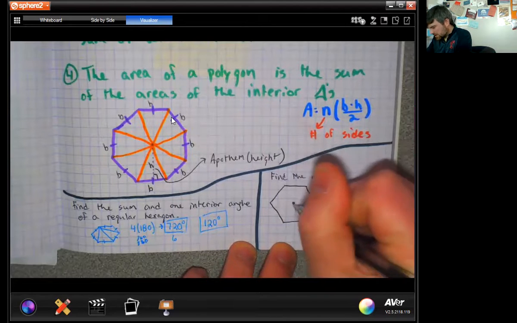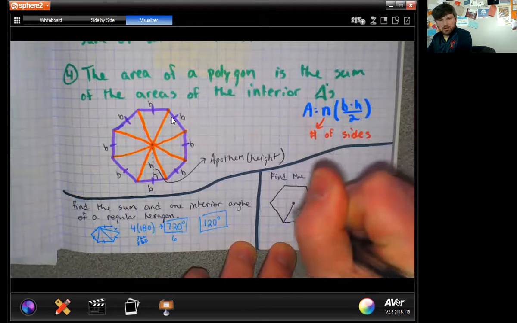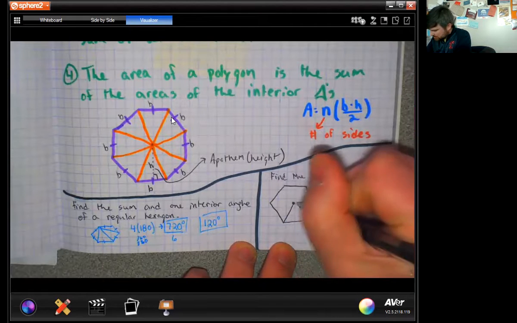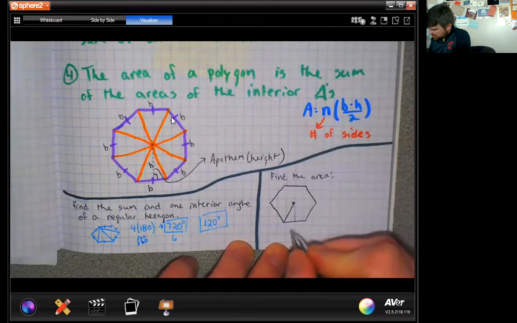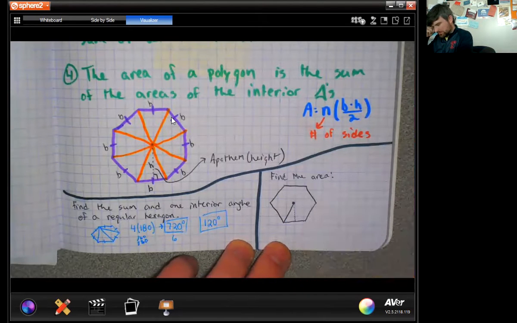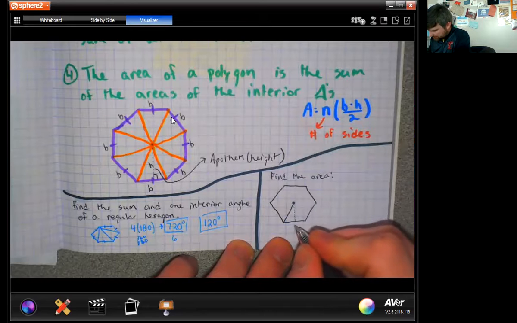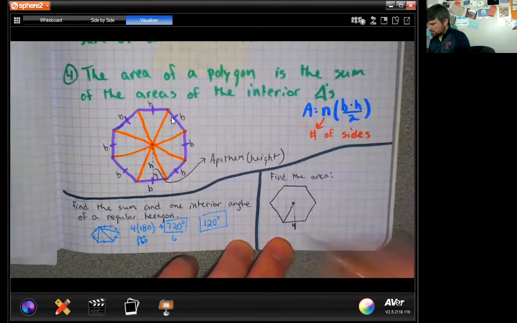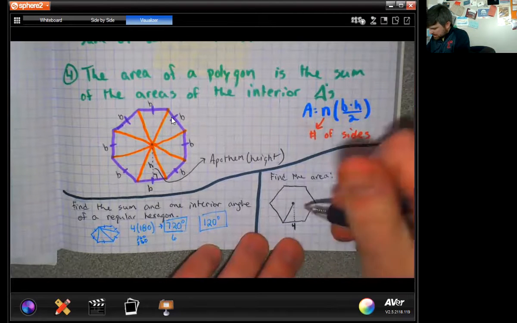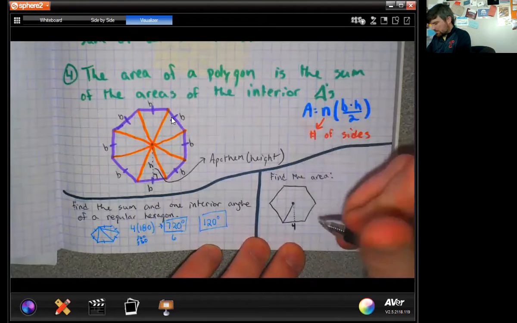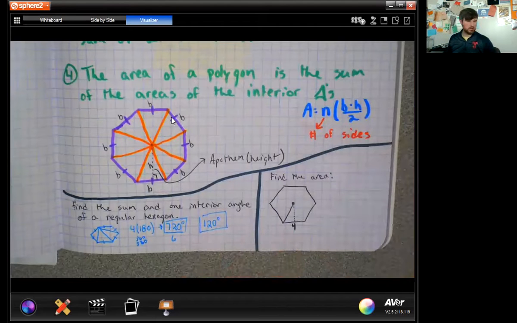Now, sometimes they give you this length right here, and sometimes they give you this length right here. So we'll say that this bottom length here is 4. Okay. And let's say that this height right here might be, actually, there's a specific number it has to be.